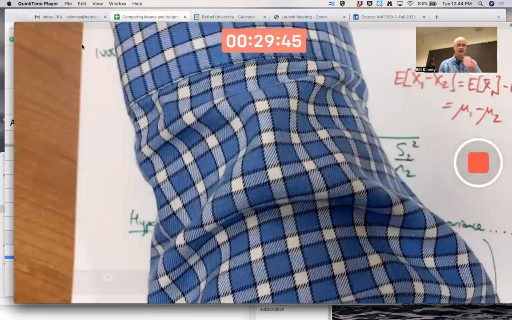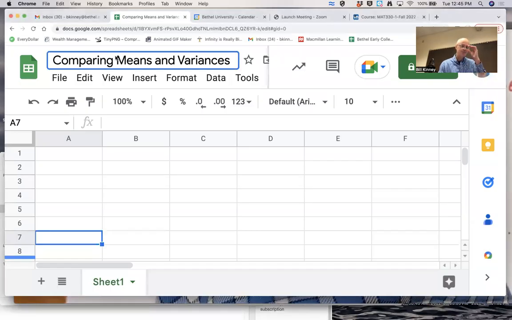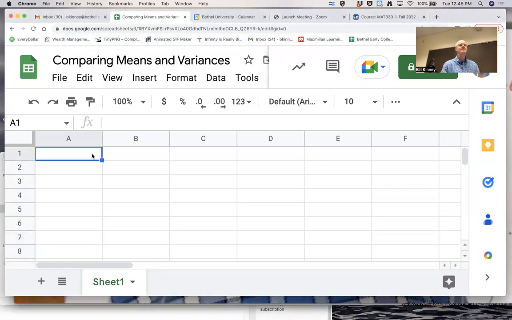So one way we're going to use technology today is with a spreadsheet, reminding you of how to do simulation in a spreadsheet. Let's say we're comparing two means, and maybe these means represent two different sections of a calculus class. Maybe it's at a really large university and these sections have thousands of students in them.